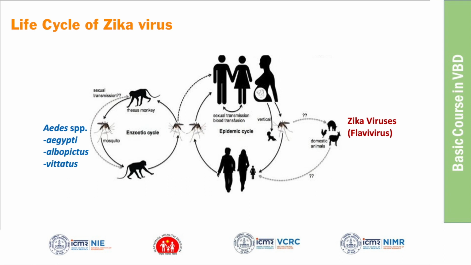Our team collected several vectors, Aedes aegypti, Aedes albopictus and vittatus, and isolated virus from these vectors as well, which led to the confirmation of not only its transmission, but also involvement of 3 species as against 1 species, Aedes aegypti, which was suspected to be involved initially.